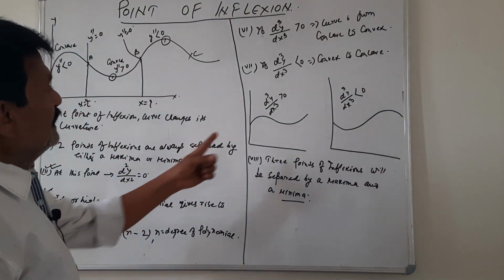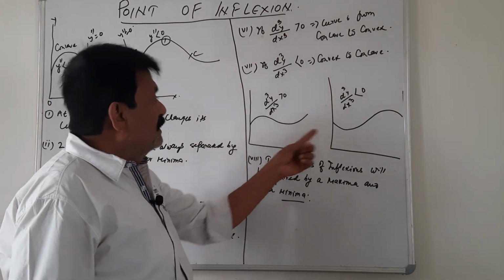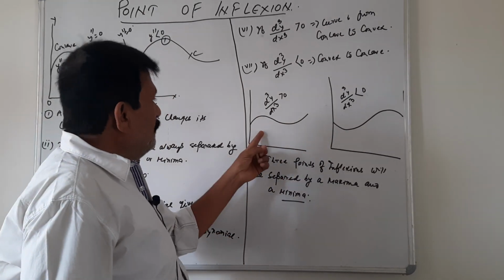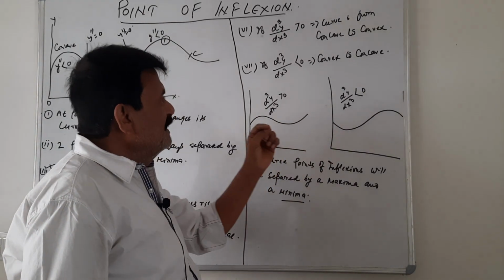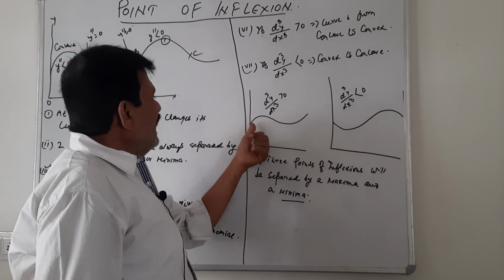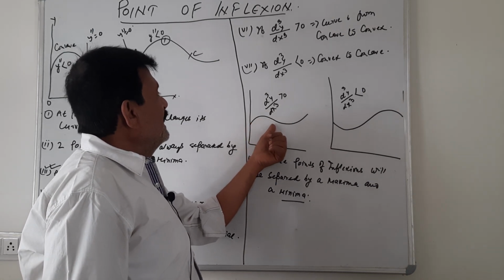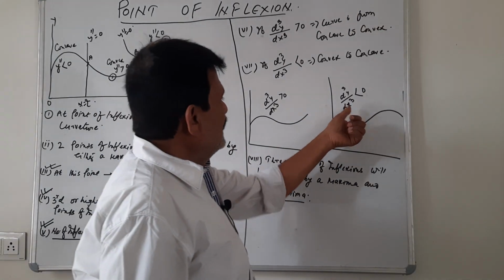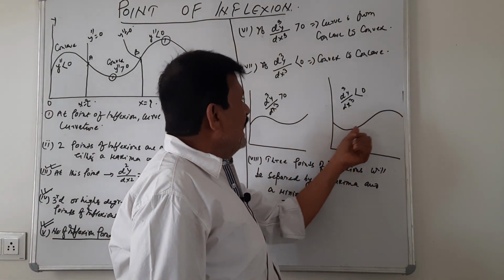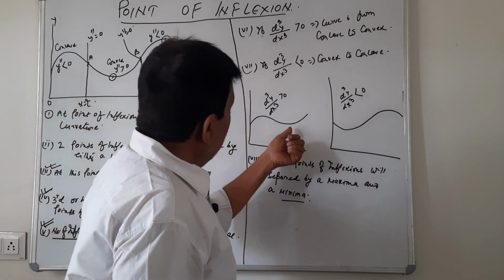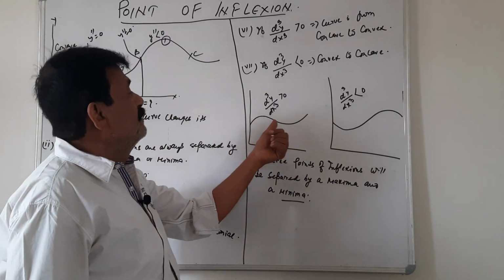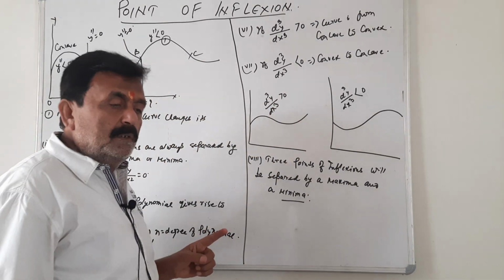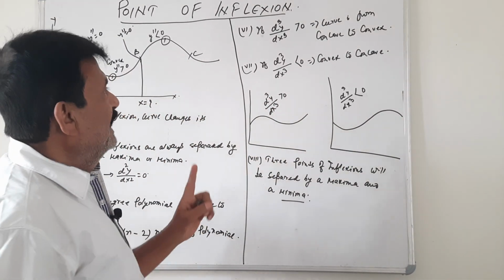Now, these two are the curves, and in both the curves we have points of inflection. But the configuration of the curve is different. Here, the curve starts from being concave and then becomes convex. It is the reverse case here: the curve starts from being convex and then becomes concave. Whether a curve goes from concave to convex or convex to concave can be known by the sign of the third derivative.